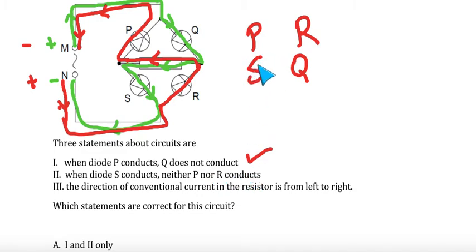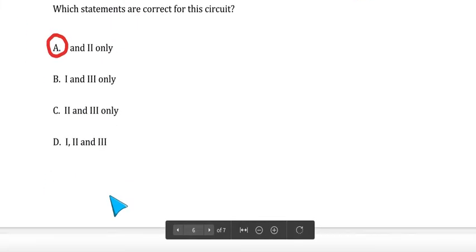That is correct. The direction of conventional current in the resistor is from left to right. You will see that no matter which polarity M and N are, the current through the resistor is always towards the left, so from right to left. So this statement is not correct. So our answer is A.